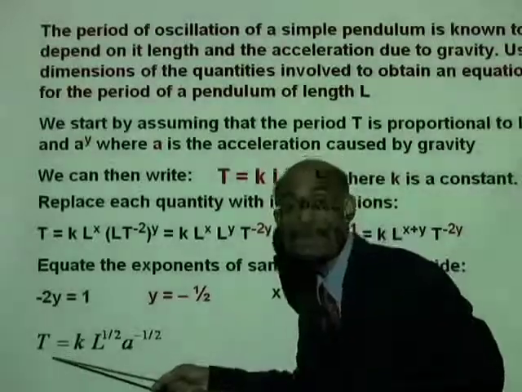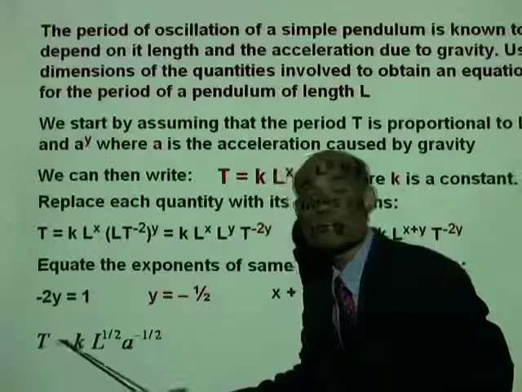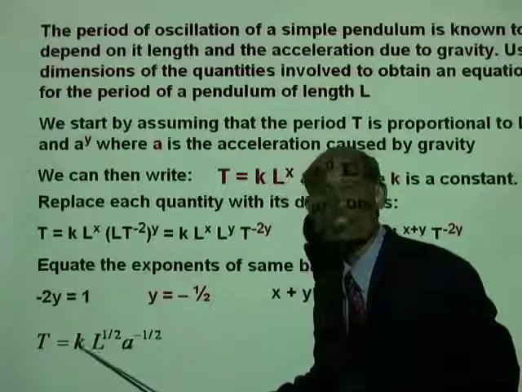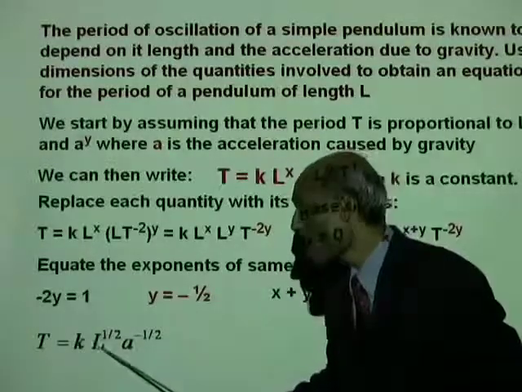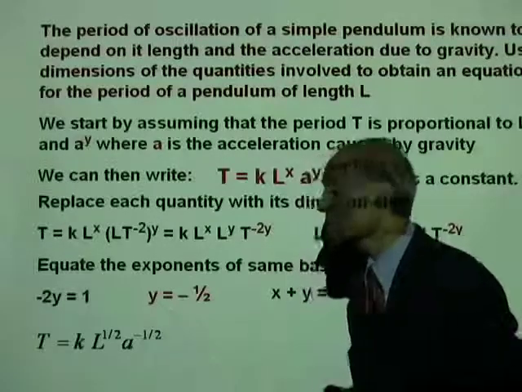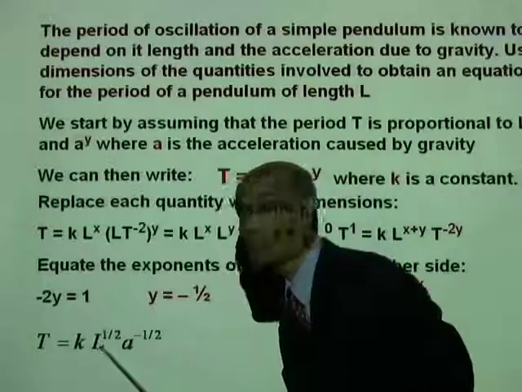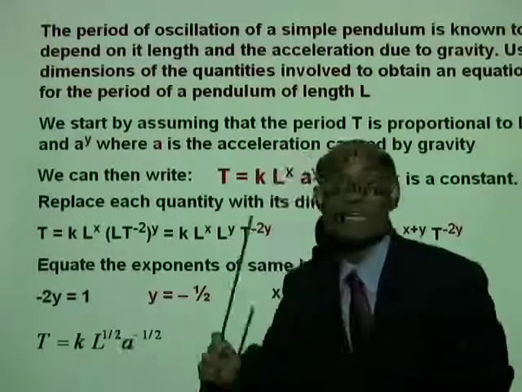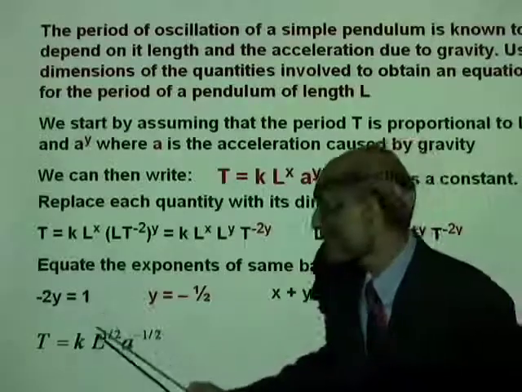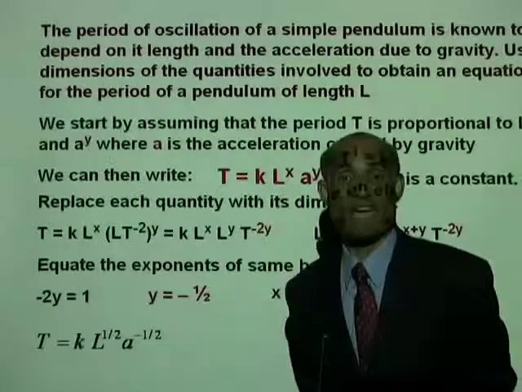So, this is the equation of the pendulum now. T, the period, equal to a constant K times L to the power of 1/2, A to the power of negative 1/2. I'm sure you know that a power 1/2 means a square root. So L to the power of 1/2 is square root of L.